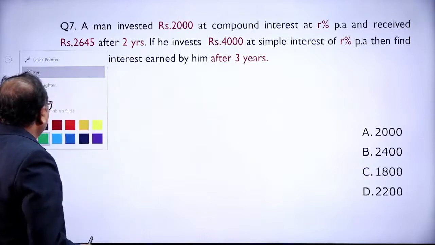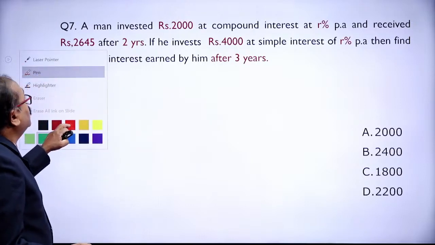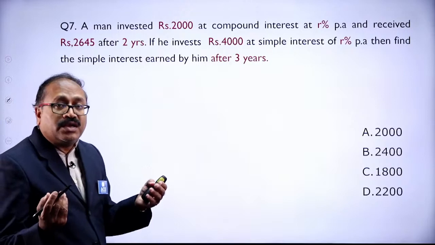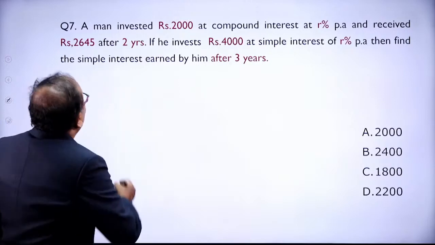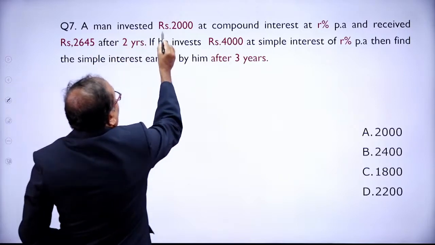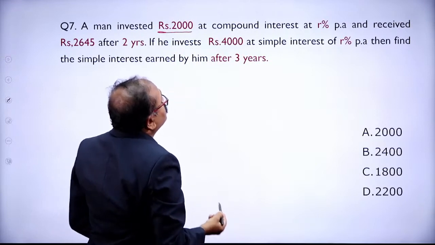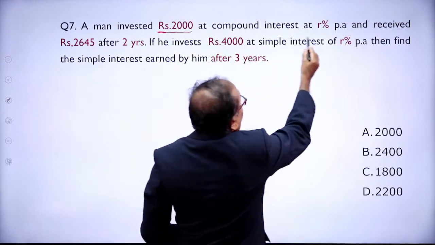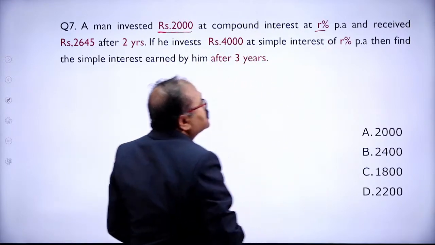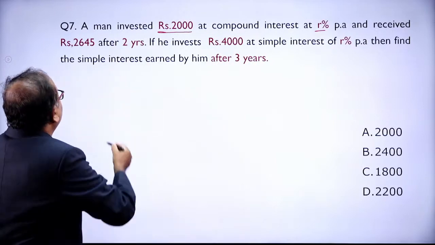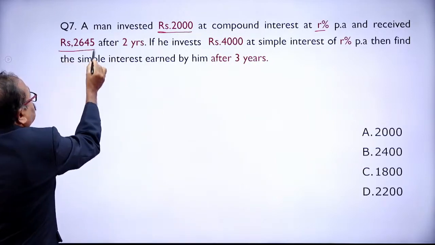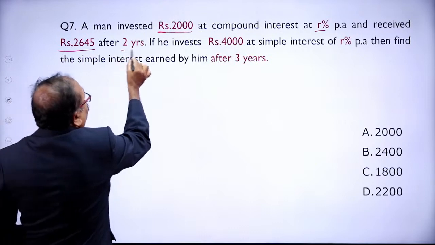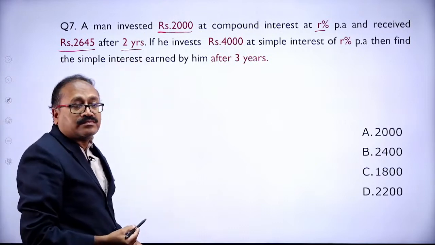Now, this is again a very frequently asked question in the exam. Please see if you can answer this or not. Here, a man invests rupees 2,000 at compound interest at R% per annum and receives rupees 2,645 after 2 years.